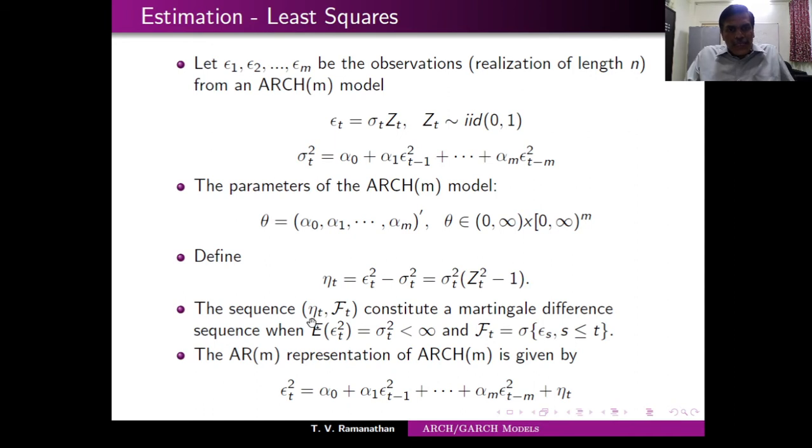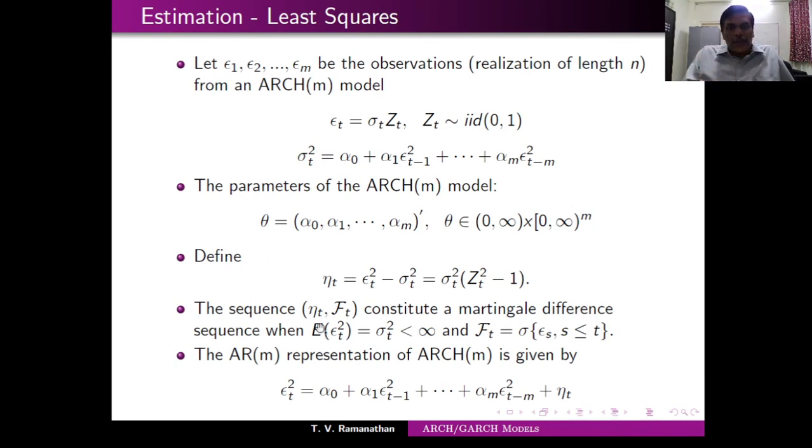This particular sequence we call a martingale difference sequence. You don't have to be afraid of the name, because what you can see is that these are uncorrelated. When this is a finite quantity, corresponding to the sigma field, eta_t and eta_{t-j} will have covariance 0, or correlation 0.